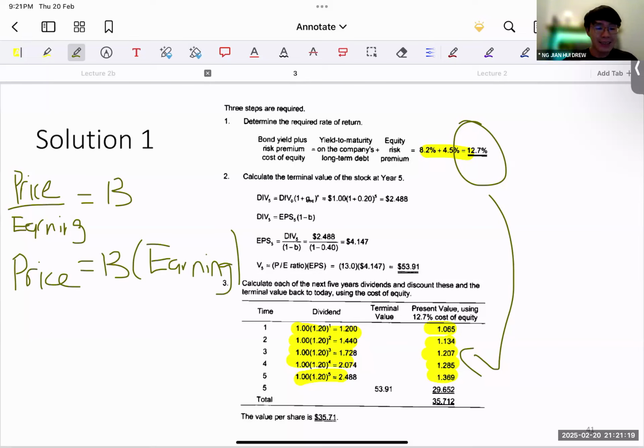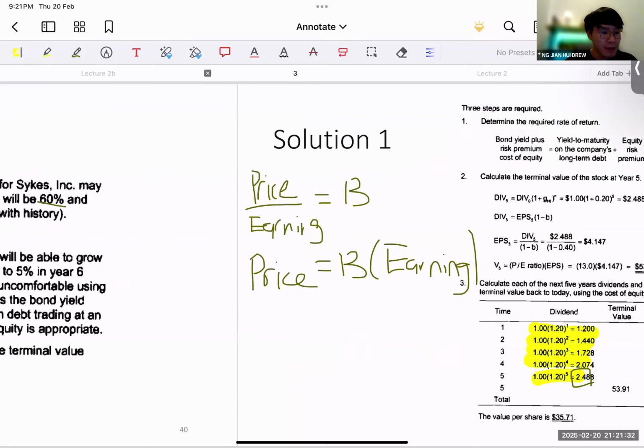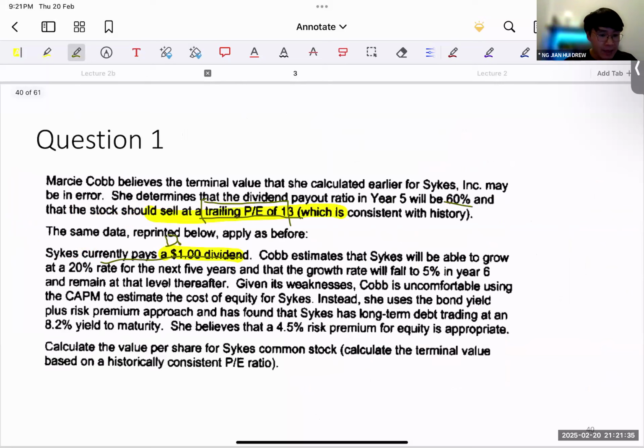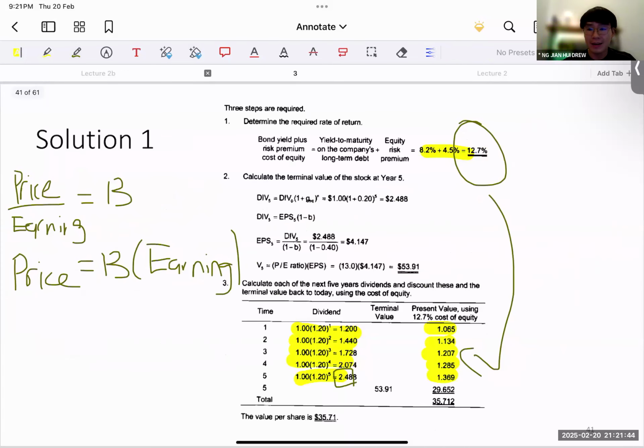Now, we can find the earnings per share since we have the dividends here. What are we given? We are given that the dividend payout is 60%. Yes, okay, you are very fast. But let's take it a bit slower.